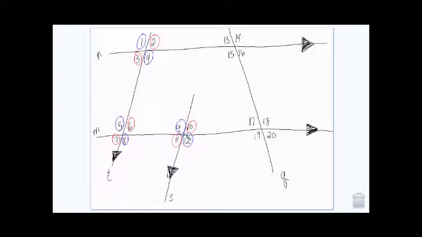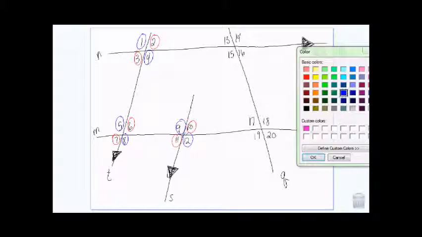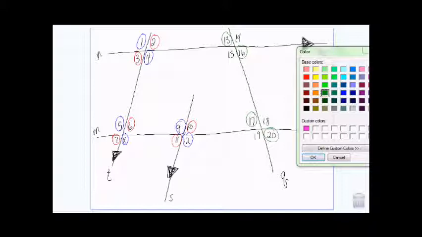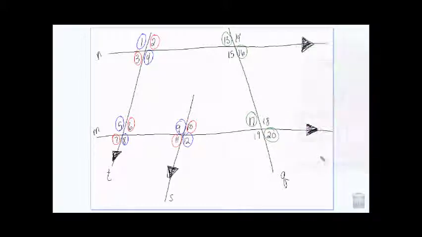So over here on Q, I'll have 13, 16, 17, and 20 that will all be the same. And 14, 15, 18, and 19 that will all be the same.